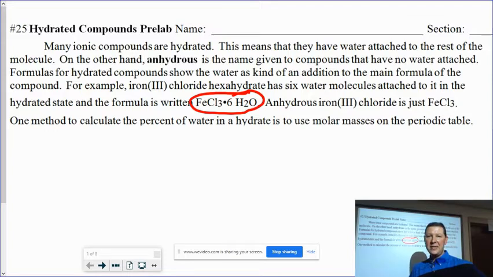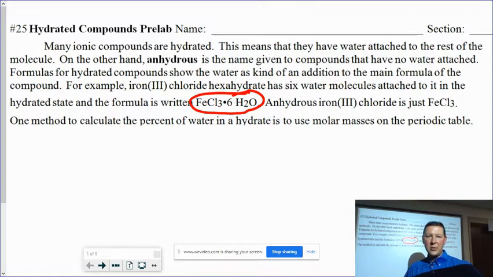And the formula is FeCl3, and then it looks like a multiplication sign. It's not. It's just a symbol that chemists use. That dot doesn't mean anything, but these 6 water molecules are locked up inside the FeCl3. Anhydrous iron 3 chloride is just FeCl3.